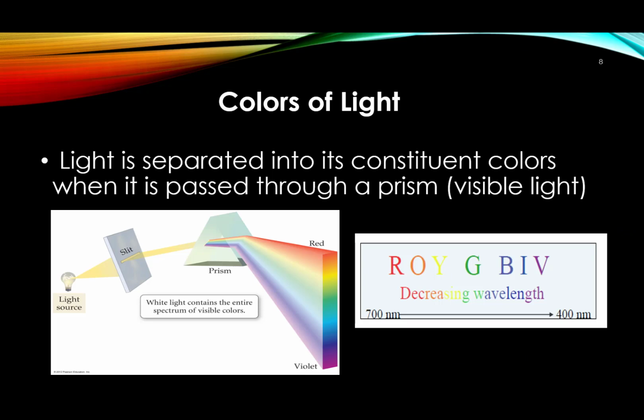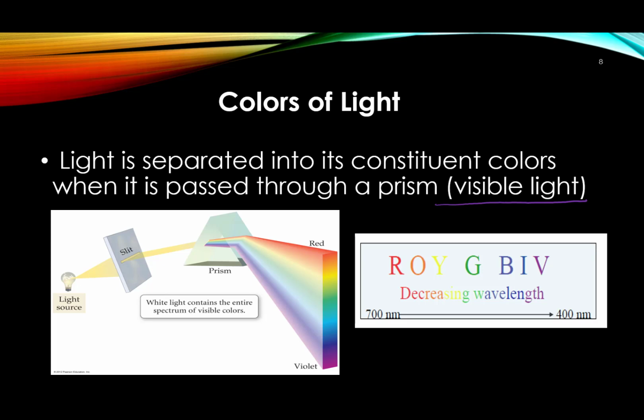Now, let's continue talking about colors of light. If you pass a light through a prism, it will split into a series of visible light colors.